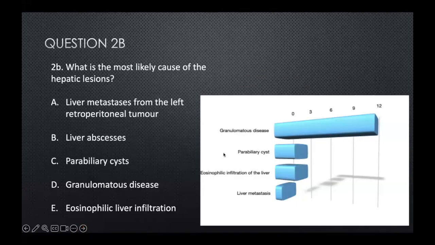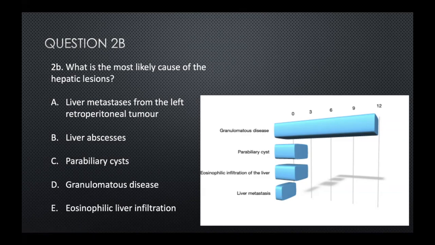This was the distribution of the findings. Most of you thought that it was granulomatous disease. Some of you thought they were parabiliary cysts. Some said eosinophilic infiltration of the liver. And some thought that this could represent metastases from the left retroperitoneal liposarcoma.